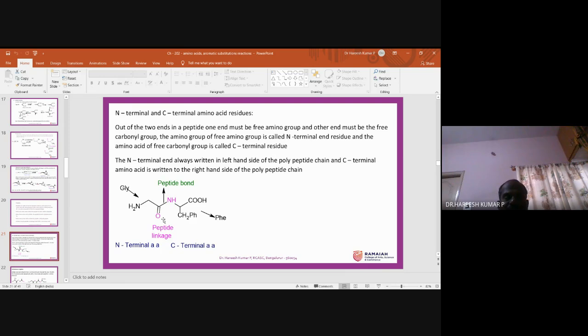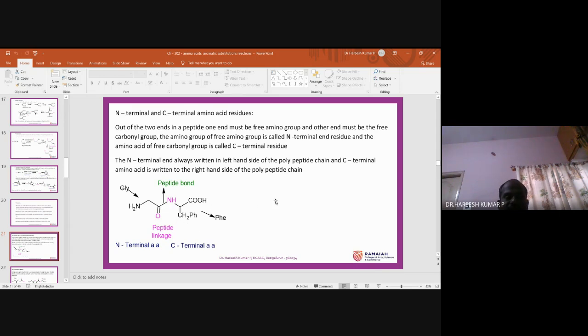And one more thing, normally peptide is written in such a way that the left hand side is the N-terminal end, and the right hand side is the C-terminal end. C-terminal end means it should have a free carboxylic moiety. N-terminal end means it will have a free NH2 group. If I am taking a dipeptide, it's quite easy.